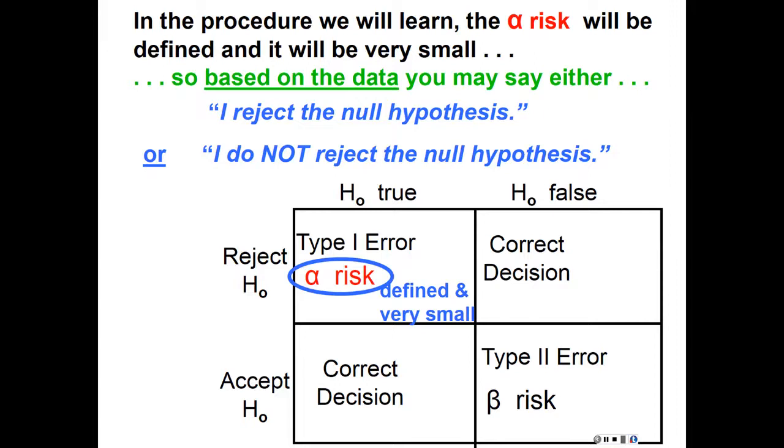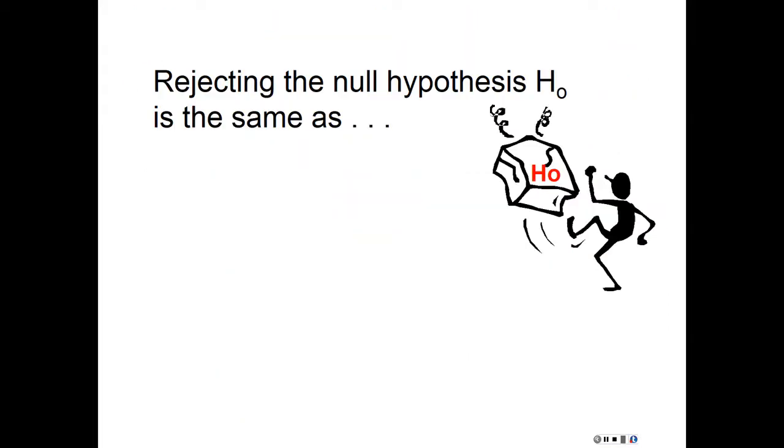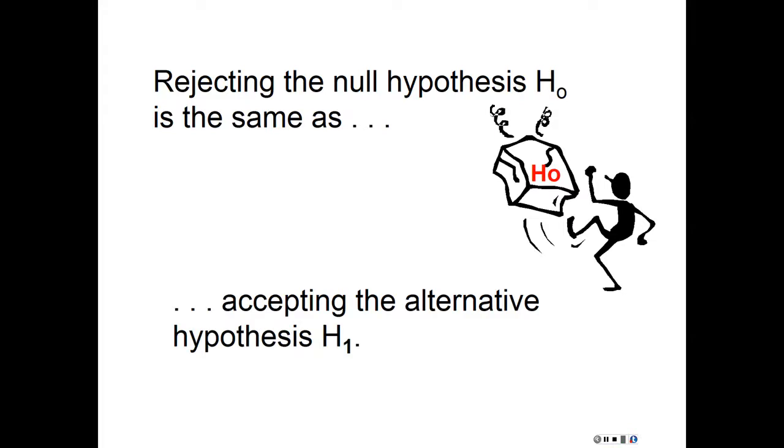Okay? So rejecting the null hypothesis is the same as accepting the alternative, with the reservation that you're not saying I accept it. I'm just saying I don't have enough evidence to reject it. Okay?